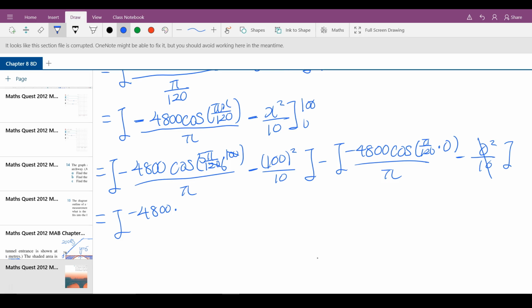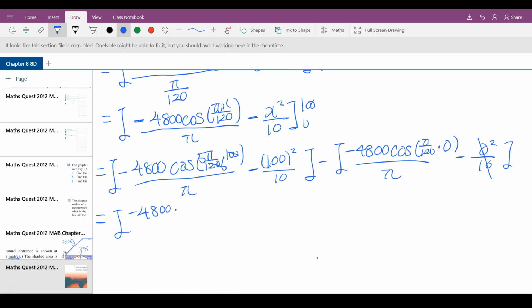I like that R. So we go cos 5 pi over 6. That is negative 0.866, multiplied by 4,800.